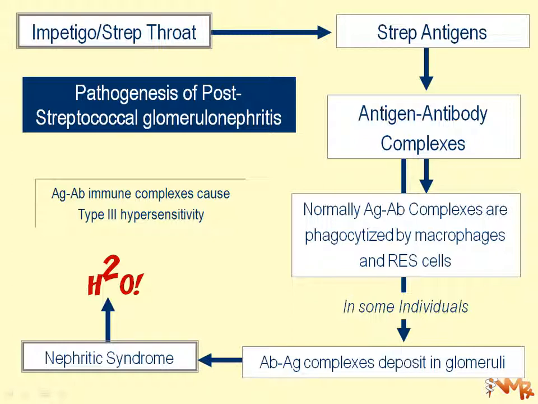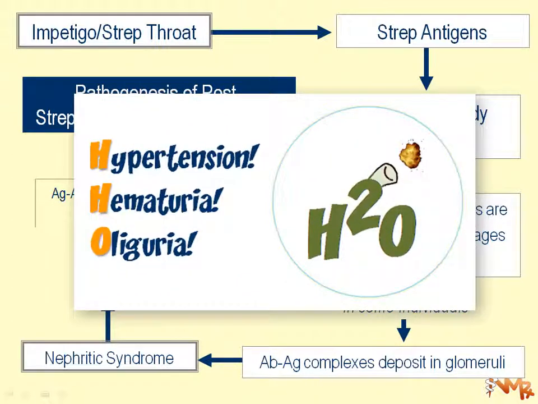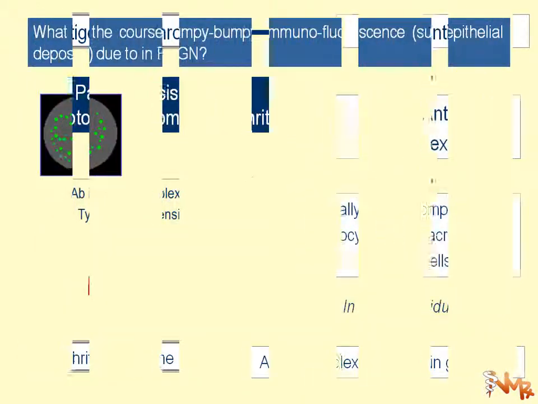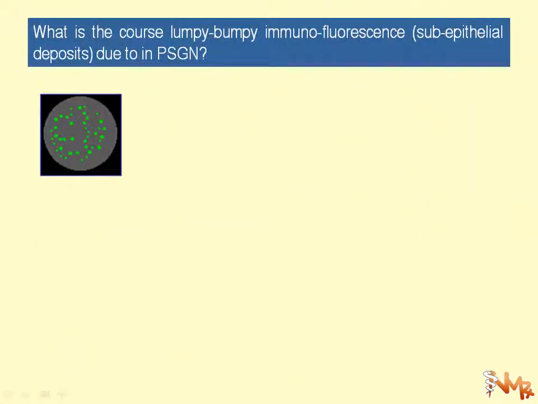And as you can recall, the triad of the nephritic syndrome, the mnemonic for it is H2O. Imagine that the number 2 is a superscript to remind you of hypertension. So the two H's stand for hypertension and hematuria, and O stands for oliguria. Again, you're going to see this diagram in your renal pathology.